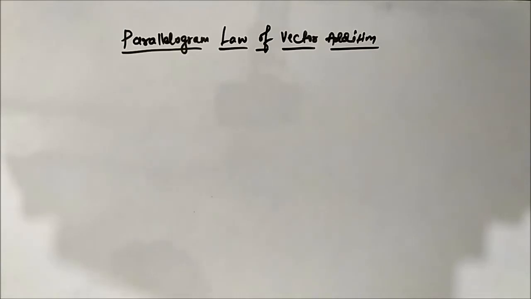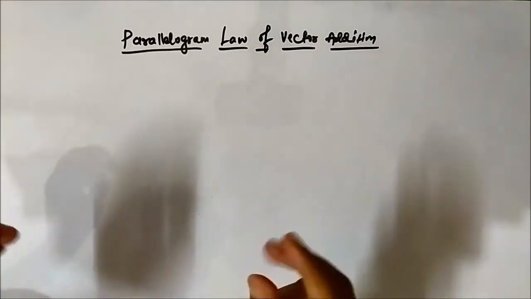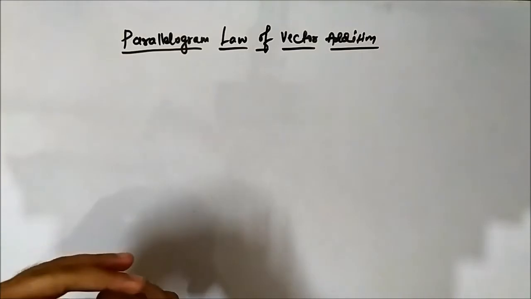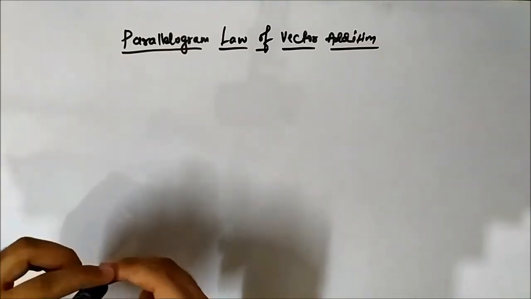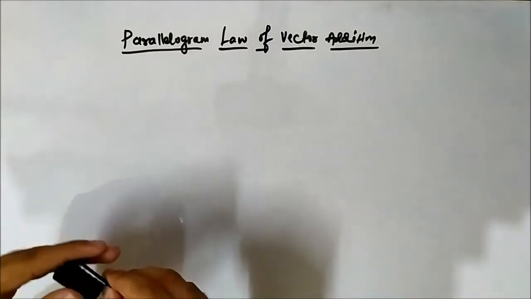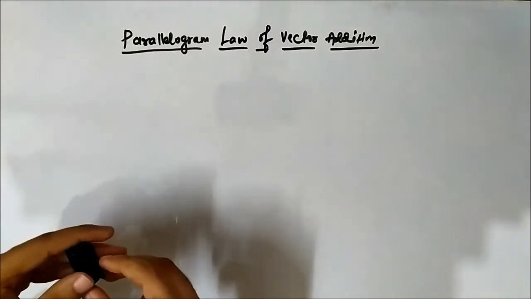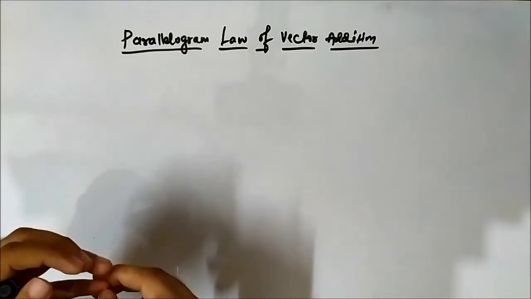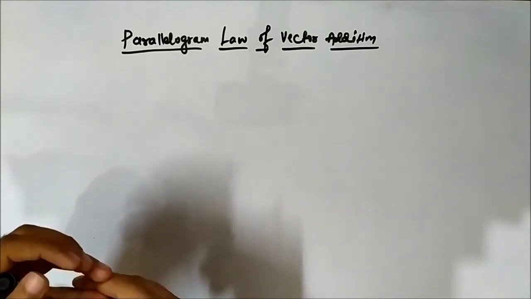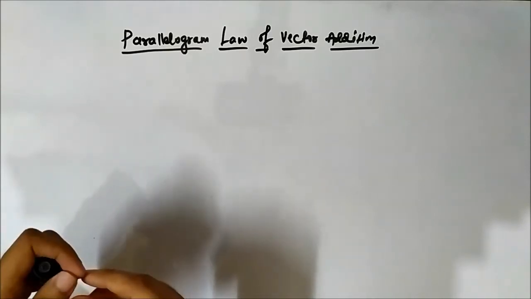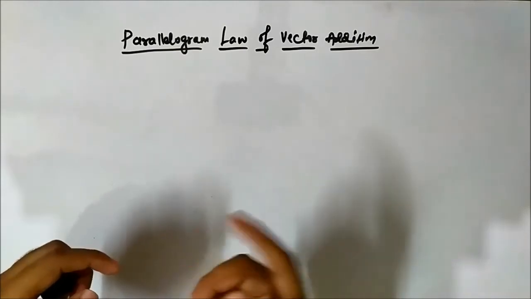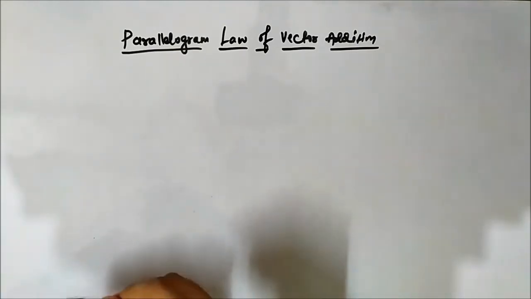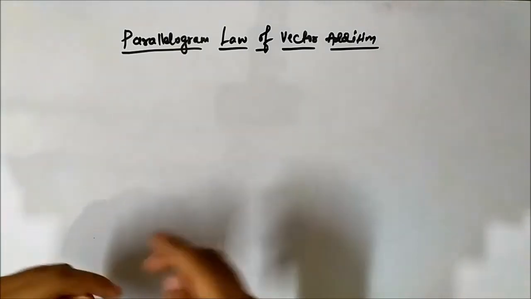So in the previous video we discussed the basic idea behind addition of vectors and the triangle law of vector addition, the basic concepts. So in this video we are going to discuss the parallelogram law of vector addition, the second way of understanding or applying that rule.